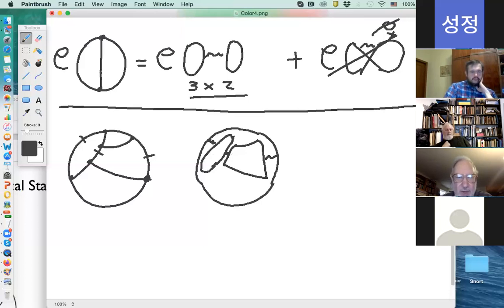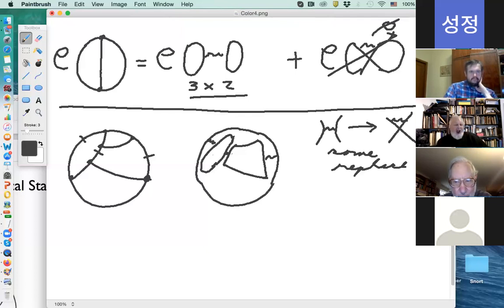But the four-color theorem says that if we replace some of these by this, some one of those replacements will be colorable. Which one?